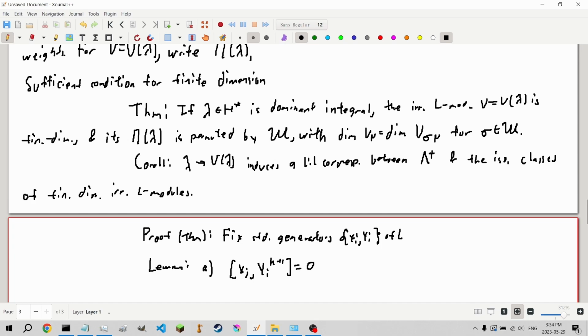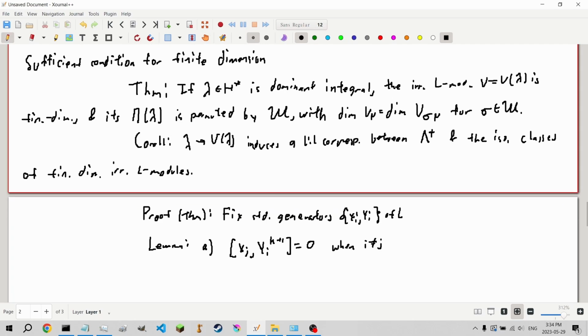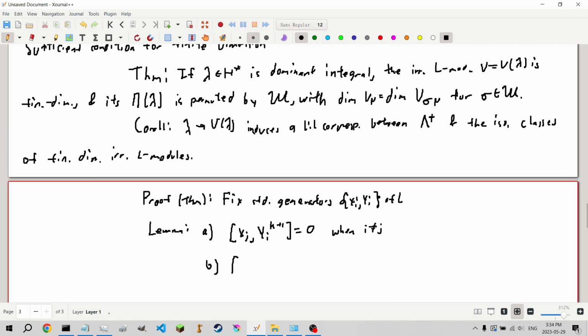K is obviously non-negative, when i is not equal to j. B is that the bracket of hj on yi to the k plus 1 is minus k plus 1 times alpha i of hj times yi to the k plus 1.